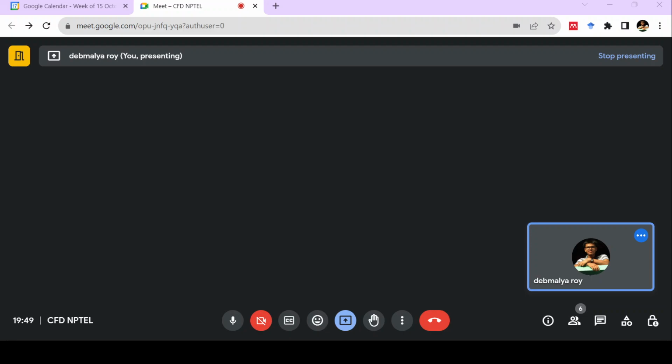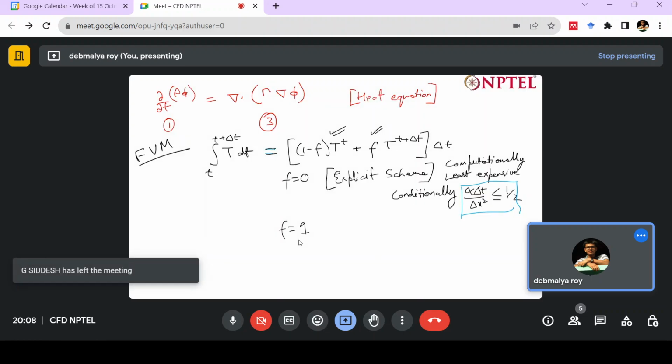What is the other extreme? The other extreme is f is equal to 1. So f equal to 1 is basically an implicit scheme.